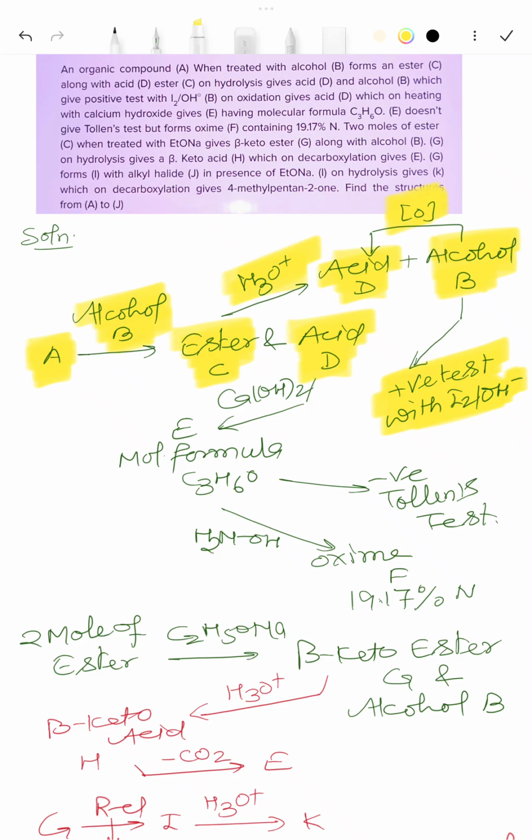Now acid D, when this reacts with calcium hydroxide and is also heated, then a compound of molecular formula C3H6O will form. And C3H6O, since the double bond equivalent here is 1, either this will be an aldehyde or this will be the ketone.